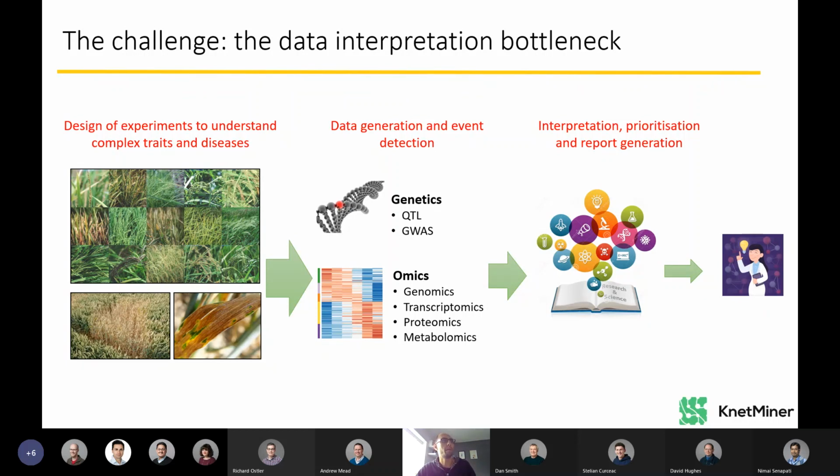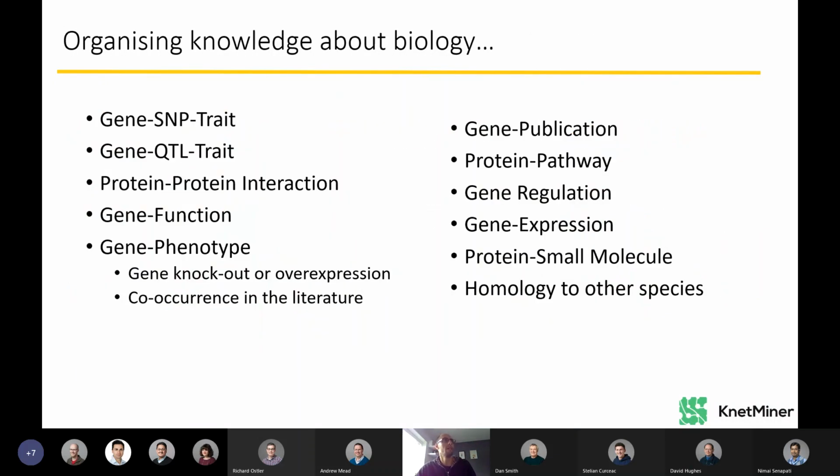So really what we want to do is to be able to organize the knowledge so that it is possible to go more smoothly from data generation, event detection, to the interpretation and idea generation. So with KnetMiner and my team, we are trying to organize the knowledge about biology.